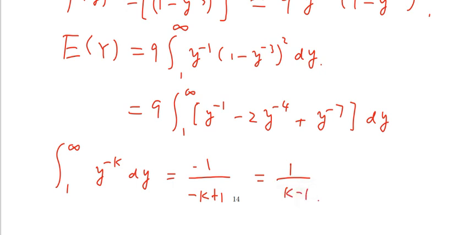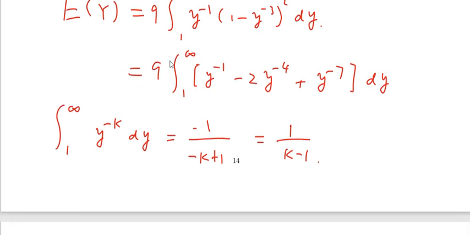Okay, so we can plug it in here, so we can get the final answer. So the final answer is equal to 9 times negative 1. Now k, let's say k equals 1. Oh, no. We have some problem here. If k equals 1, this integration becomes infinity. So here we made some mistake somewhere.